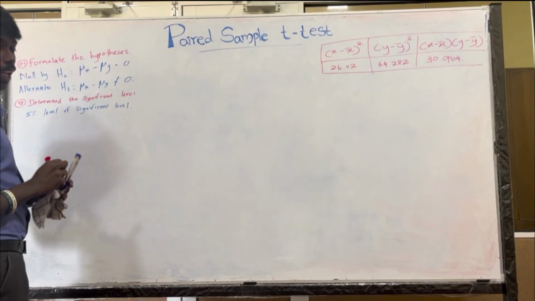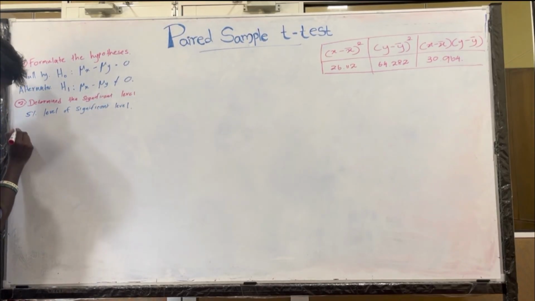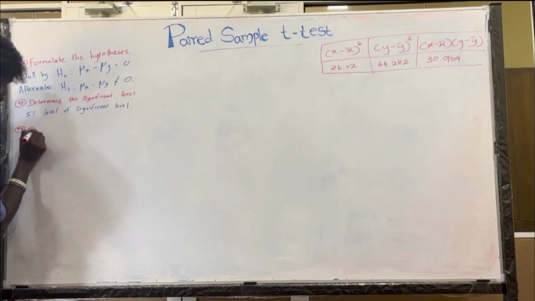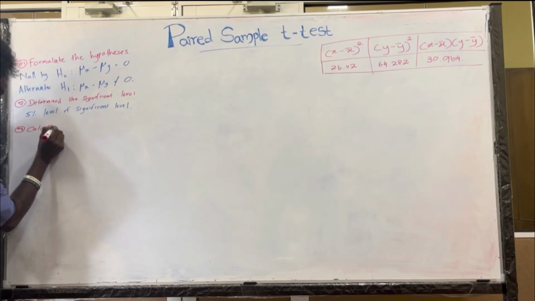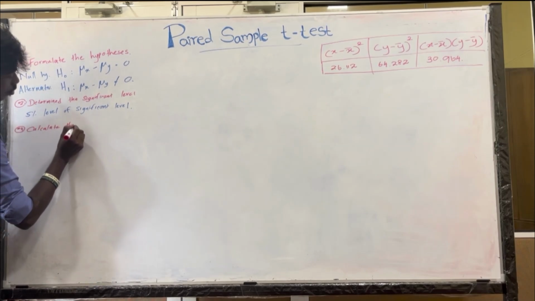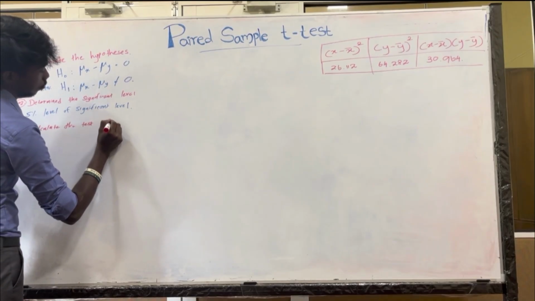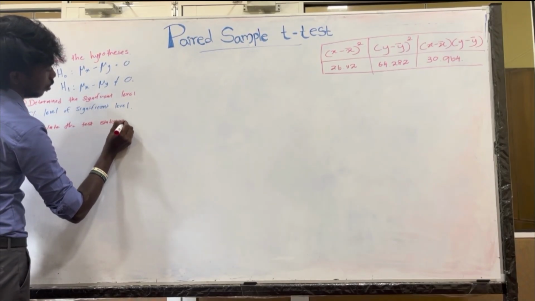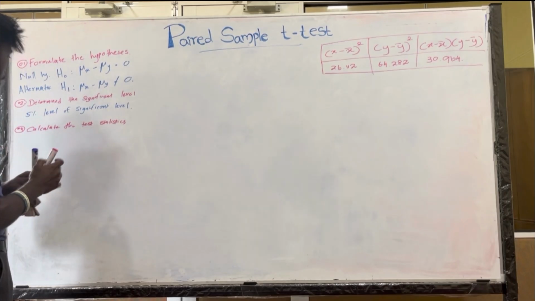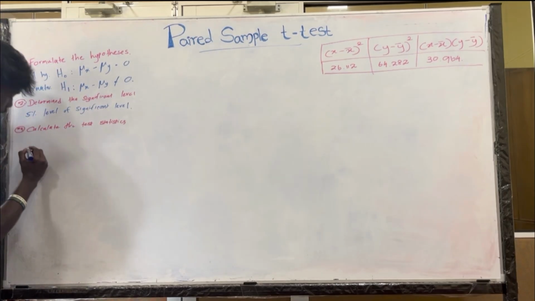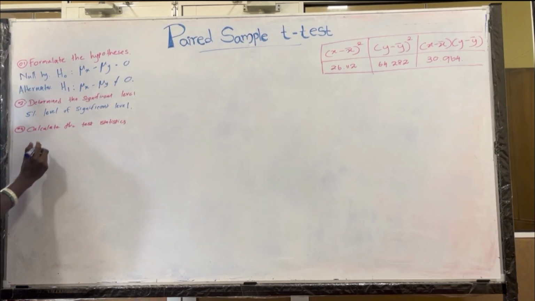Next part is calculate the test statistics. Under the test statistics, first we should get the t value. How should we get the t value?